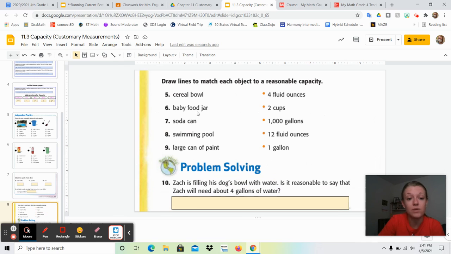The last one is, pay attention to this. Draw lines to match each object to a reasonable capacity. This is the line button up here. You're going to click on this, and then, let's see, a large can of paint would probably be a gallon.